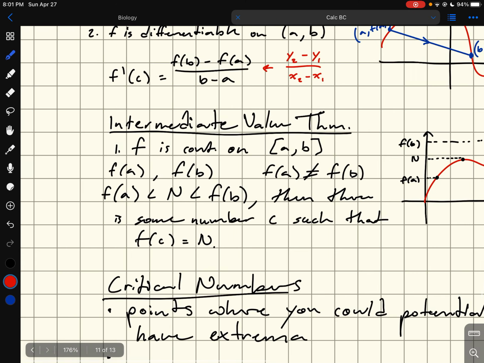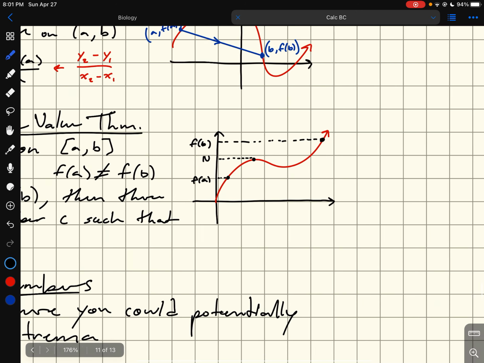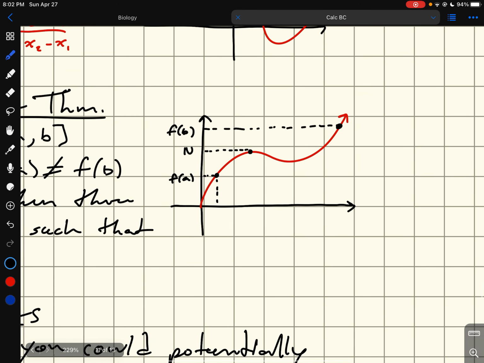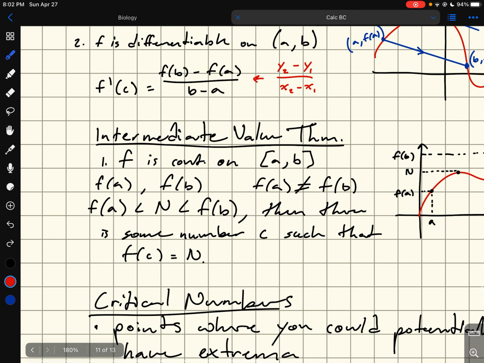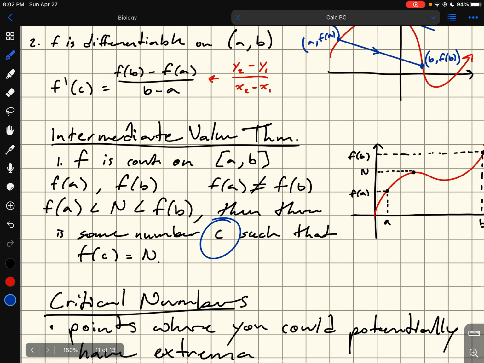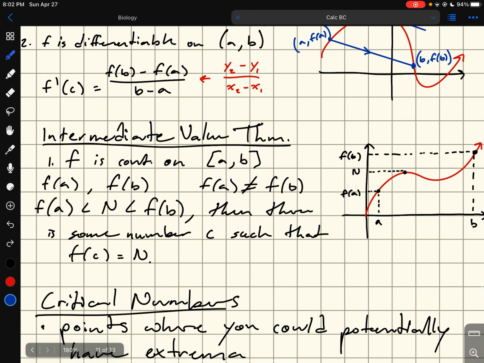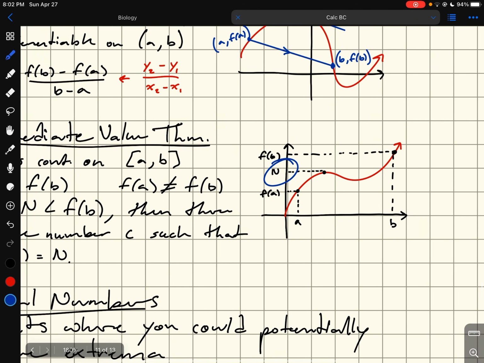Then there's a number c. Oh, and I forgot to mention, this is a and this is b, because you plug a into the function to get the y value, and you plug b into that function to get the y value. And now there's some number c that we can plug in that will give us this n value.